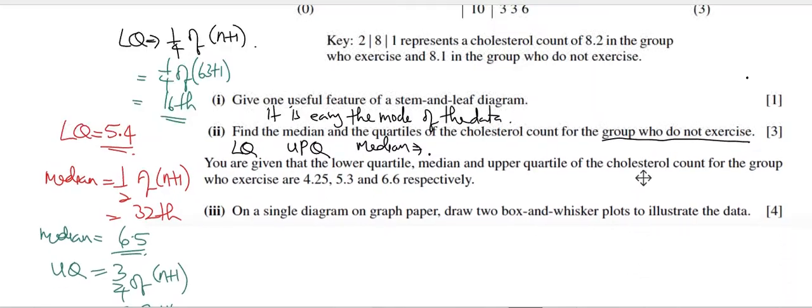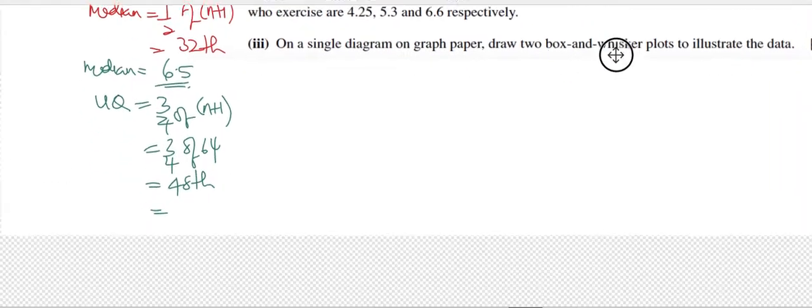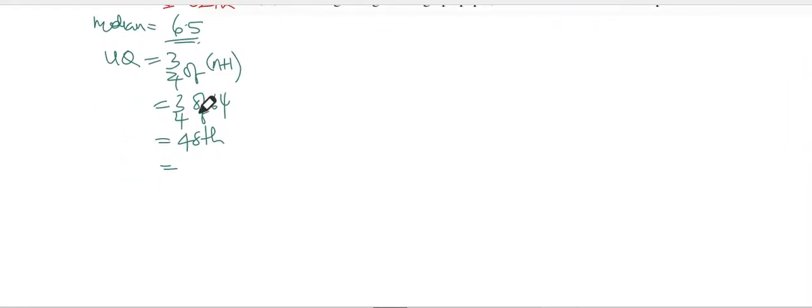I have 37 up to there, so 37 plus 9 is 46, so I want the 47th, then the 48th. That's 46, 47, 48. So 8.3 is my value. The upper quartile UQ is 8.3.